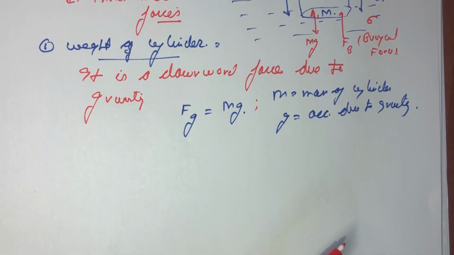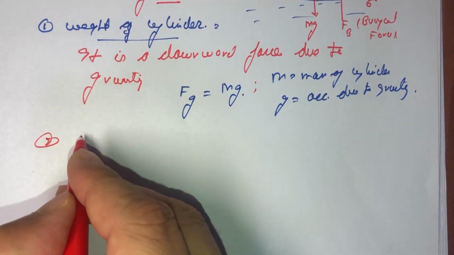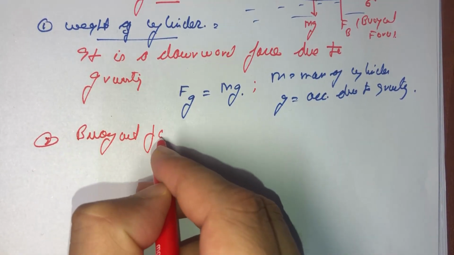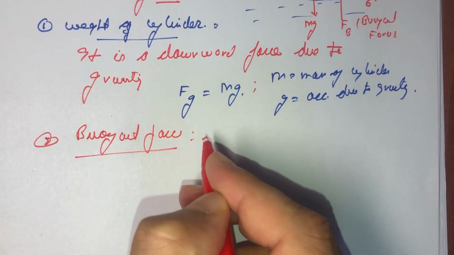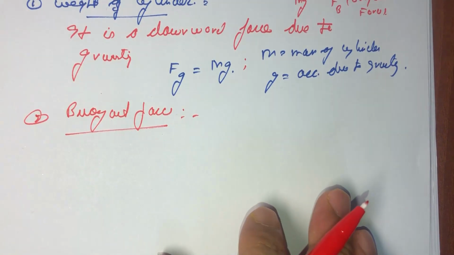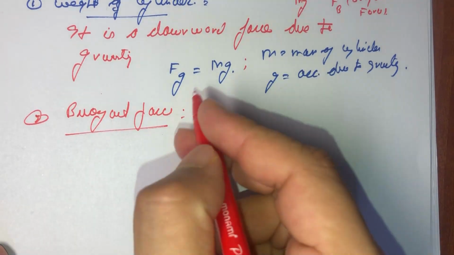The second force that will be acting is the buoyant force, and it is an upward force exerted by the liquid on the submerged part of the cylinder.